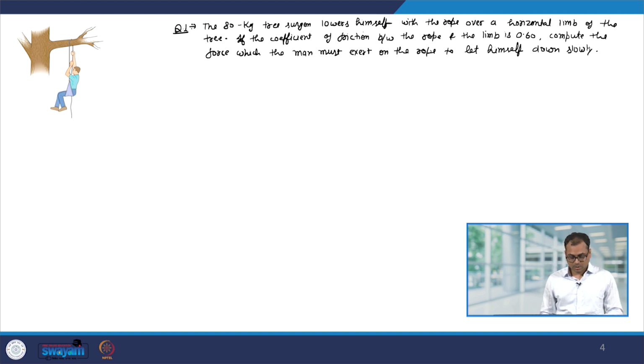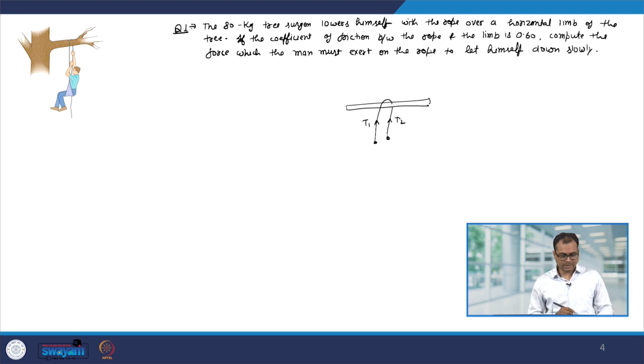Okay. So, the situation is the following. This is the branch of the tree, and there is this man. So, he applies the tension. Let us say this is tension T1 and this one is tension T2 to lower himself down.